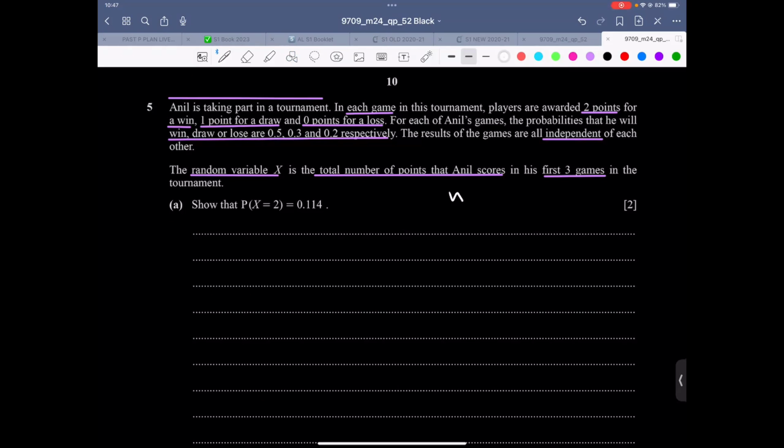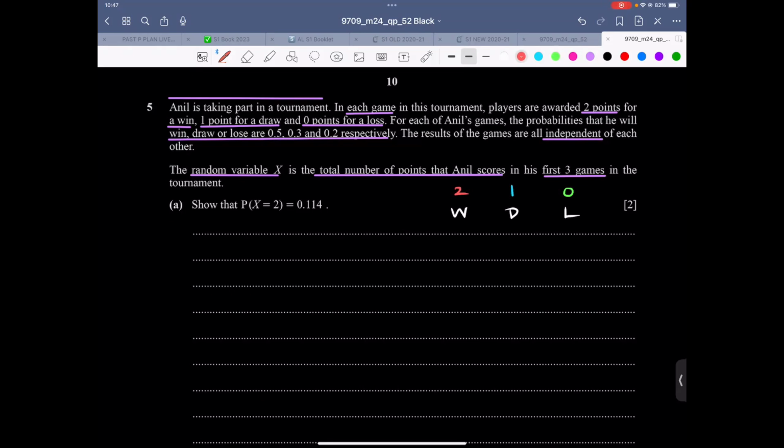First of all, in the particular order in which it's mentioned, it's win, draw, and loss. And there are points being awarded for this. How many points for a win? That is 2 points. Draw is 1, and then 0 points for a loss.